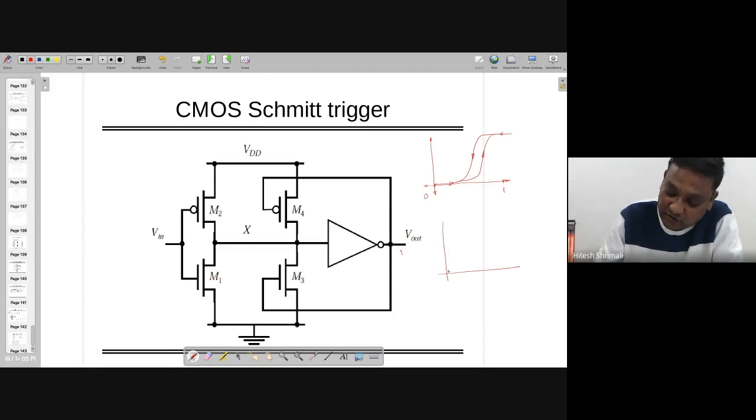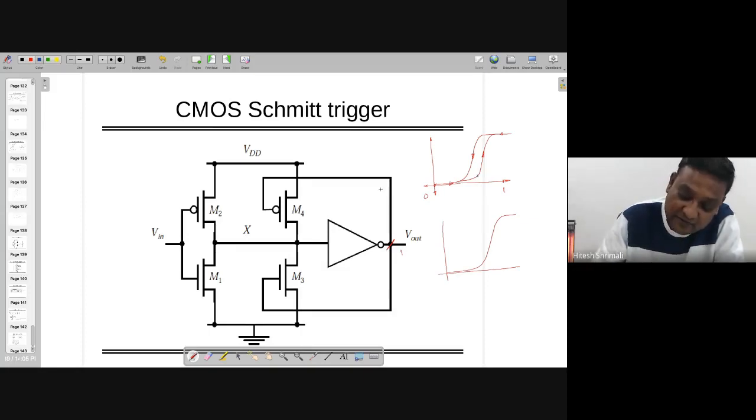And it's not going to be inverted, but it's going to be like this. But what if you are actually at this point, somewhere here where the flipping is going to happen, right?